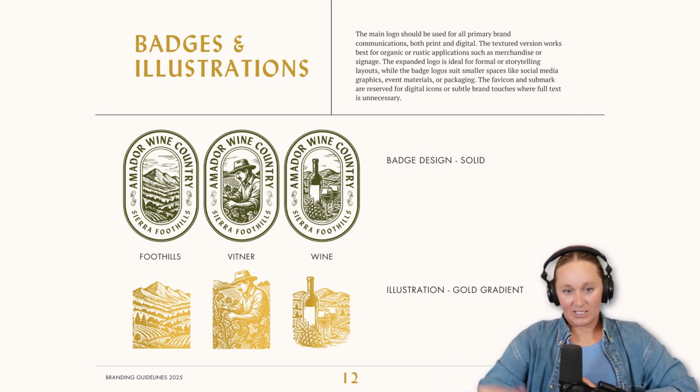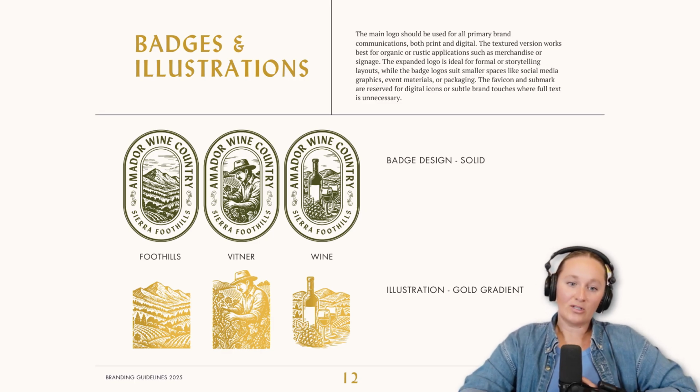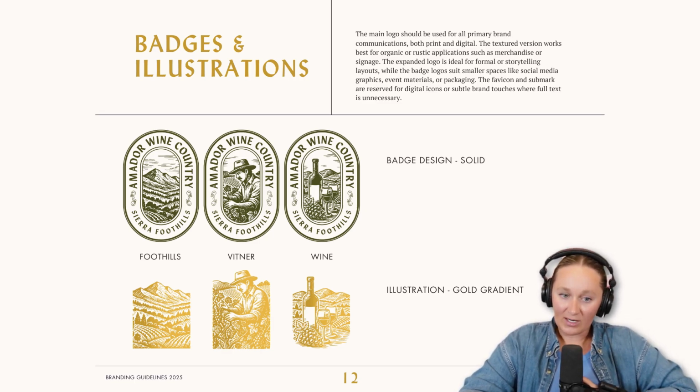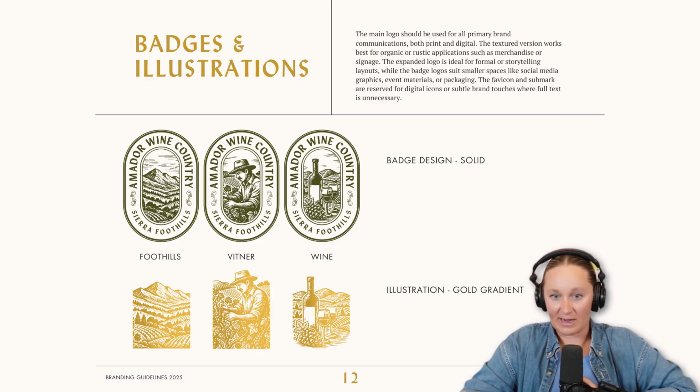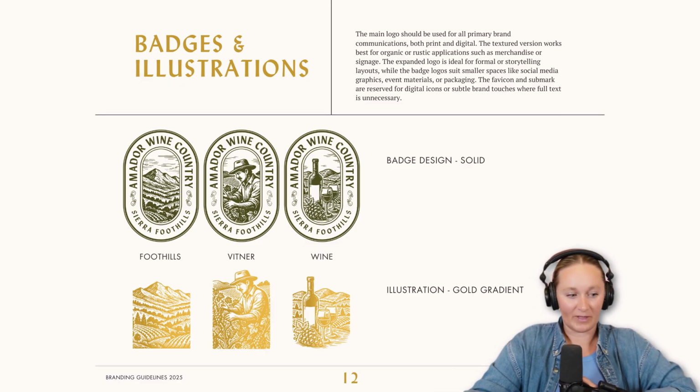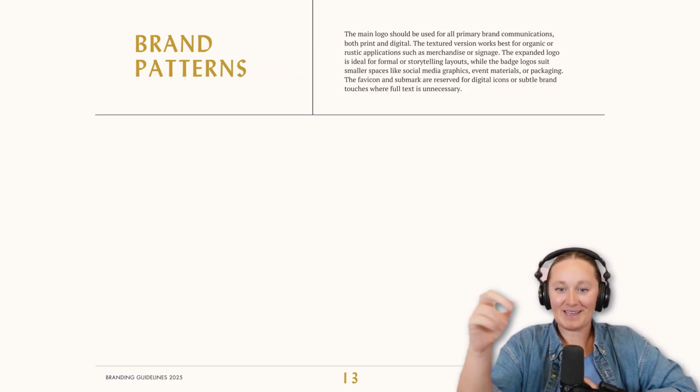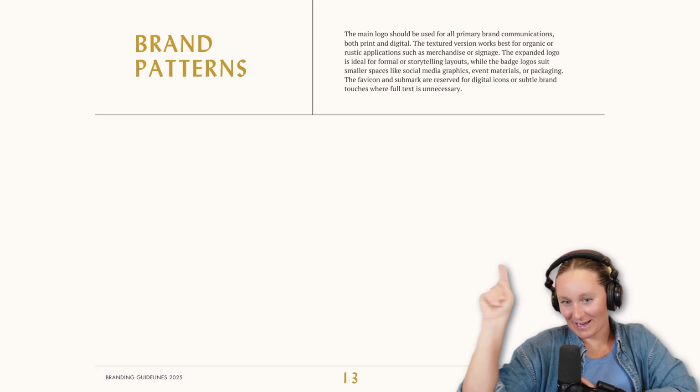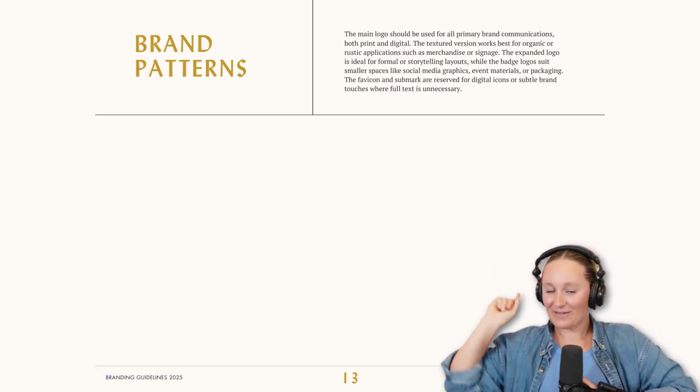Then into badges and illustration, same thing here. Making sure that you're labeling and naming what the things are and how they're supposed to work is going to be most important for how the brand continues to evolve and how the teams are then able to implement the branding on behalf of the company. Same would go for brand patterns. At the time of recording, we don't have that page added in yet because we are still waiting for client feedback on patterns.